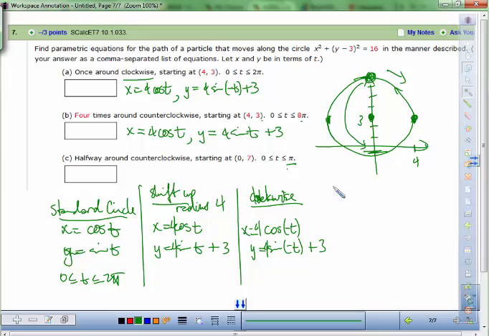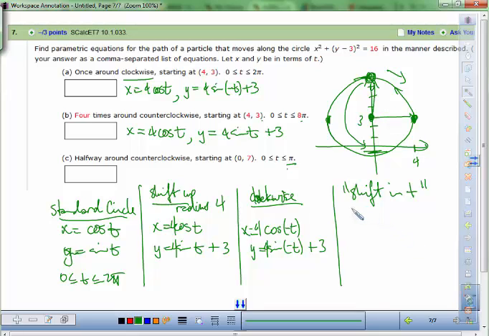So if you wanted to do a shift, we could do a shift in t where, imagine that this is your t equal to 0 and this is your t equal to pi over 2.